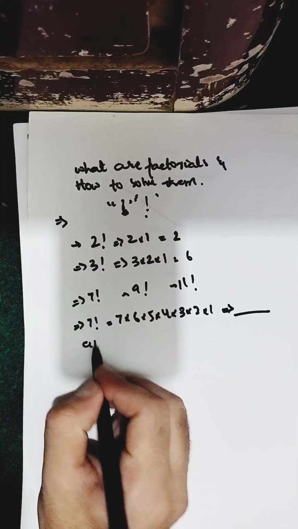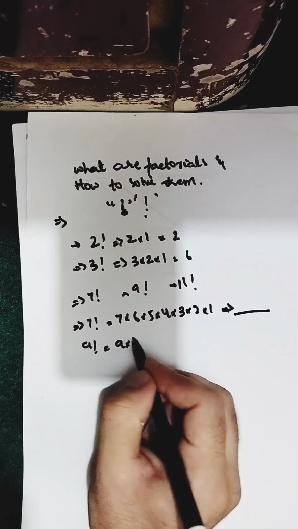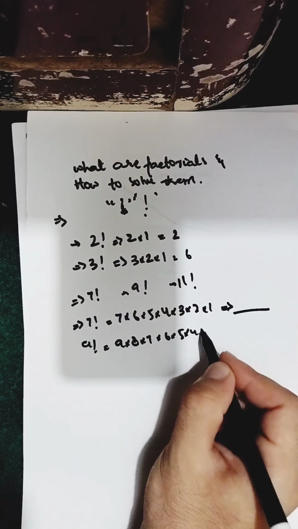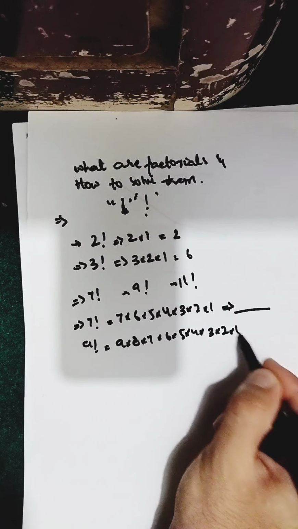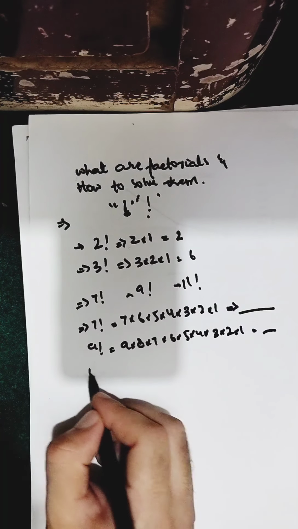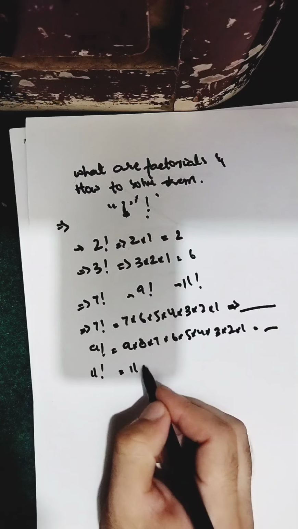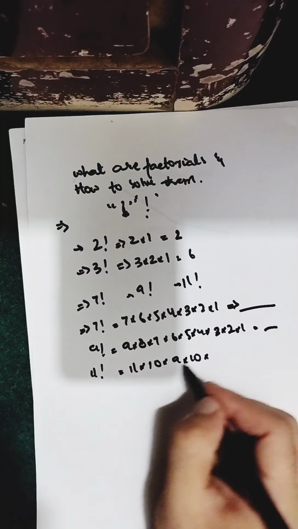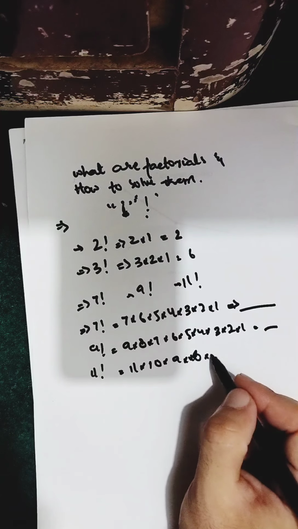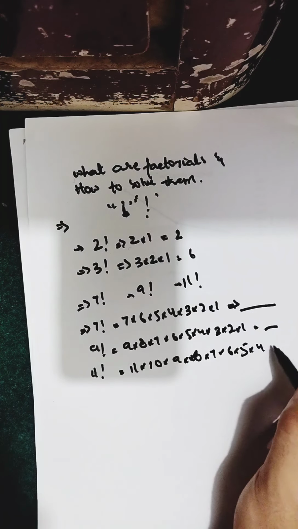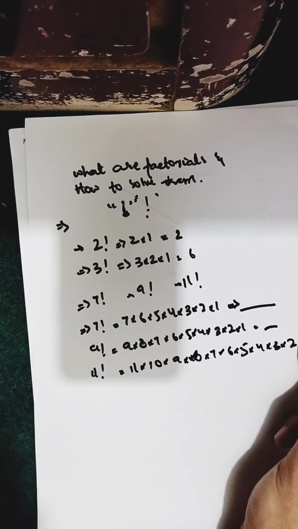This multiplication will give you a number which will be the value of 7 factorial. The same goes for 9 factorial, which is 9 multiplied by 8 multiplied by 7 multiplied by 6 multiplied by 5 multiplied by 4 multiplied by 3 multiplied by 2 multiplied by 1. Then we have 11 factorial, which is 11 multiplied by 10 multiplied by 9 multiplied by 8 multiplied by 7 multiplied by 6 multiplied by 5 multiplied by 4 multiplied by 3 multiplied by 2 multiplied by 1.